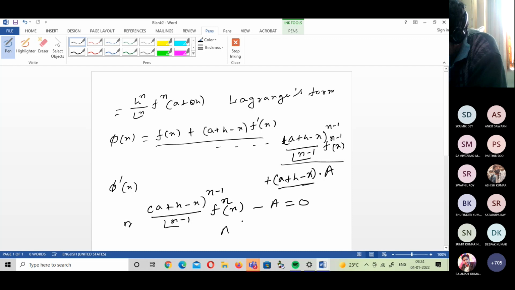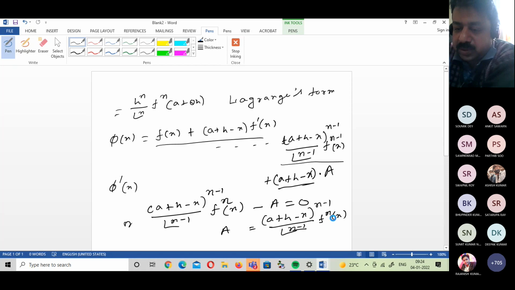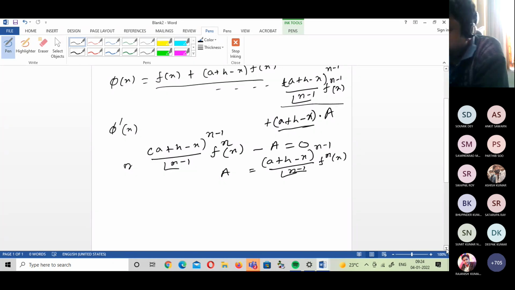So A equals a plus h minus x to the power n minus 1 by factorial n minus 1 f n of x. Now you have to simplify it, because in the book the representation is quite different. Here you just simplify it. A plus h. What is the value of x? a plus theta h.